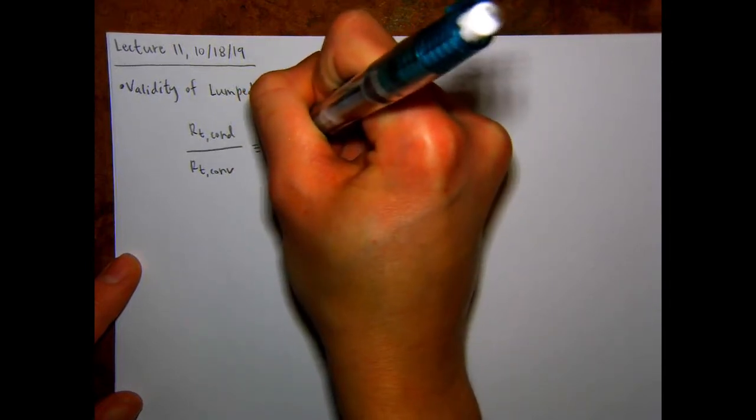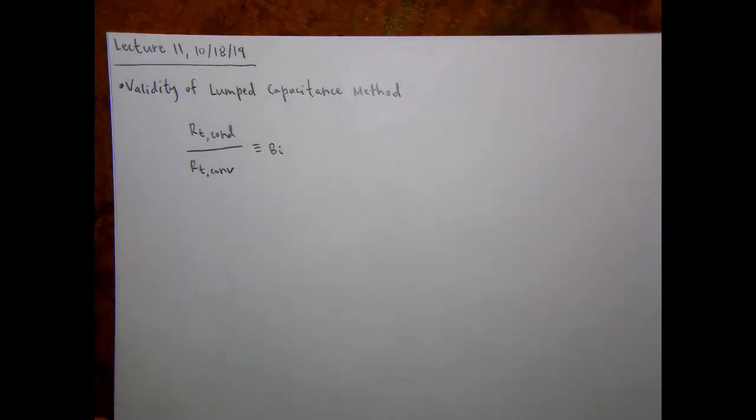Okay, so we said if the ratio of the conduction thermal resistance to the convection thermal resistance is small, then the lumped capacitance method is valid. And this ratio is named, I guess, the Biot number, Bi.